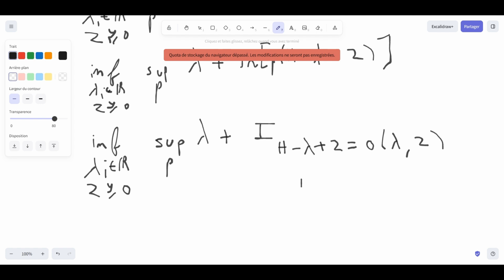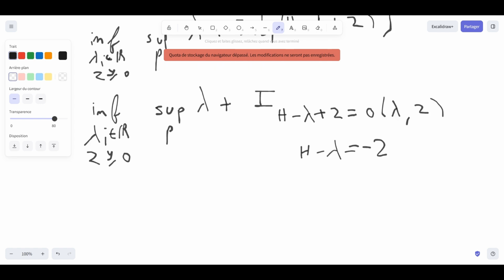And so H minus lambda is just equal to minus Z. And so it's equivalent to say H minus lambda is not semi-positive definite, because Z is semi-positive definite. So now we can write it like this.